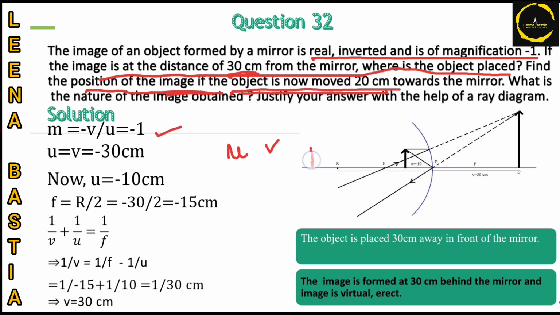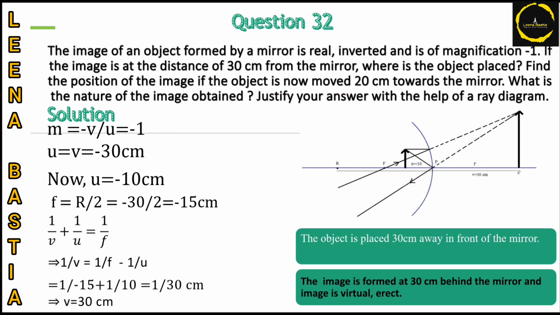That means suppose the object is here in front of the concave mirror, then it is placed 20 centimeter towards the mirror. 20 centimeter it has been shifted. Originally the distance was 30 centimeter, so 20 it has been shifted towards the mirror. That means the object is placed 10 centimeter away from the mirror. I hope it is clear, children.